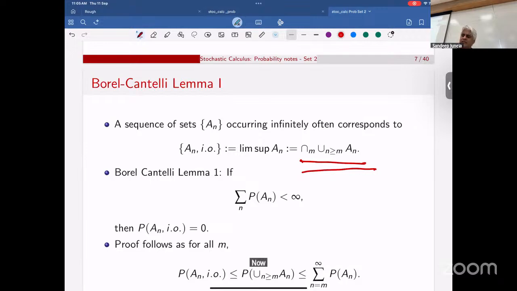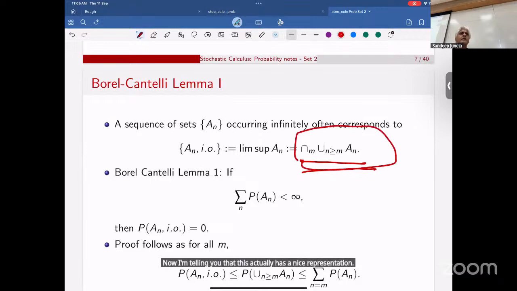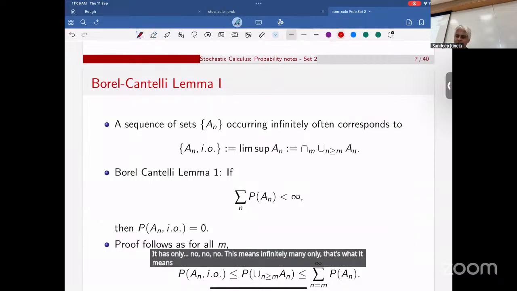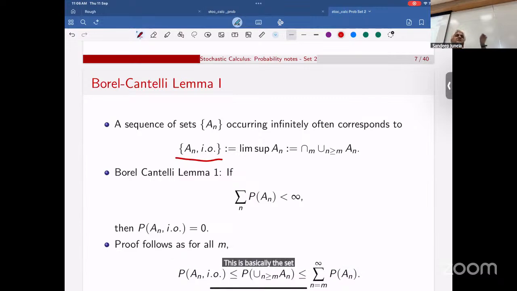Now I'm telling you that this actually has a nice representation. This means infinitely many only. This is basically the set of all omegas which are in infinitely many A_n.